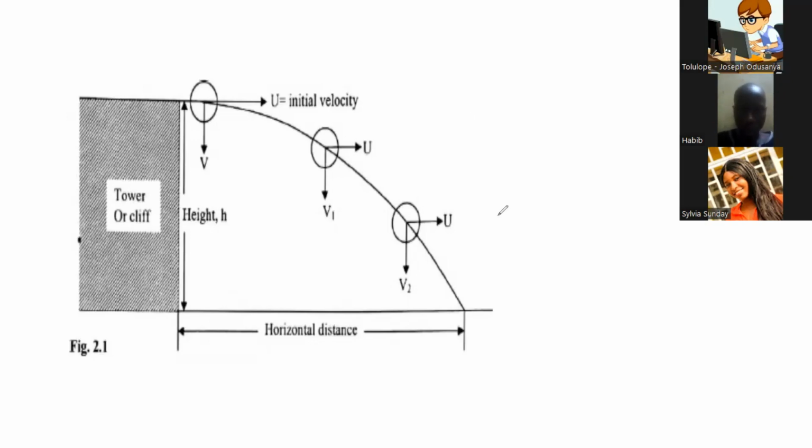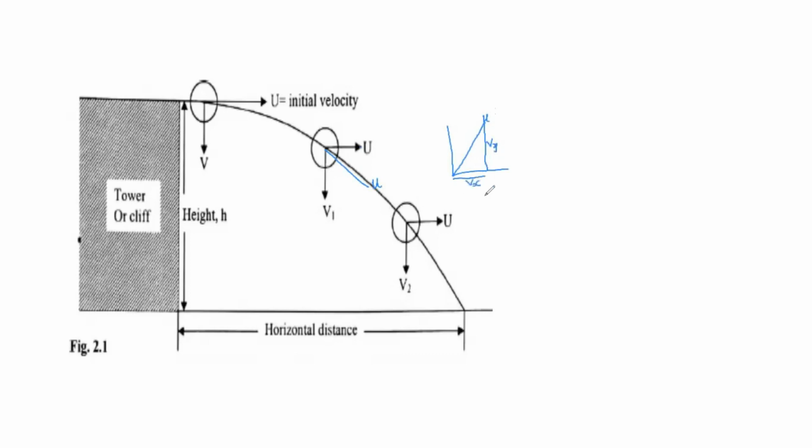If you are to resolve this kind of motion, you need to note that if you have this as u, what I'm having here is going to be like this. This u, the vertical motion, we call it Vy, and the horizontal motion, Vx.